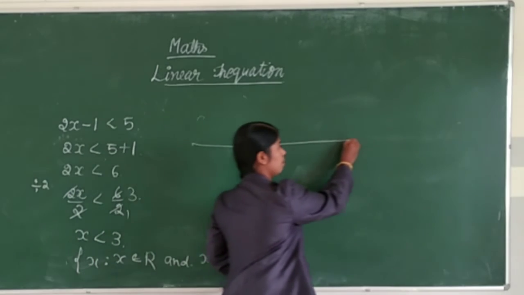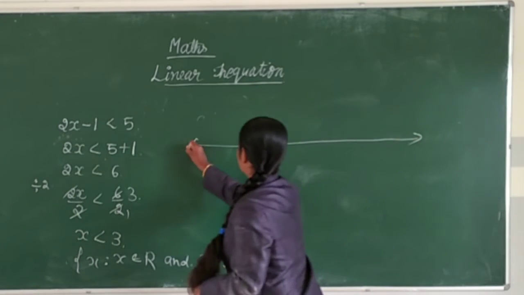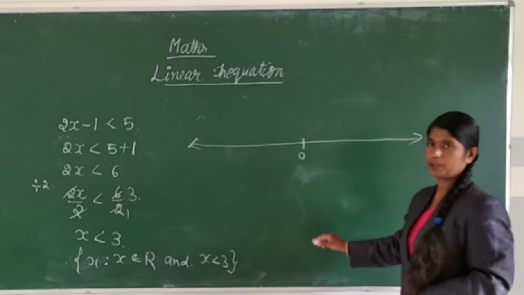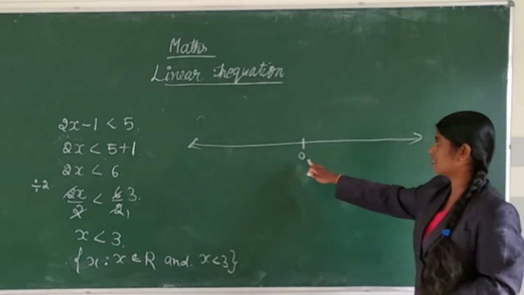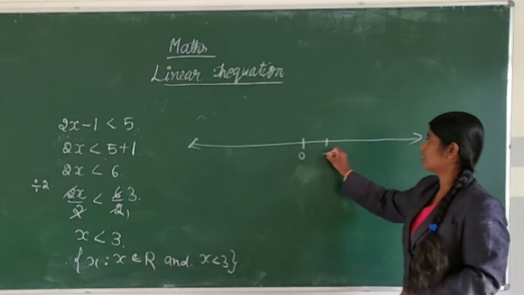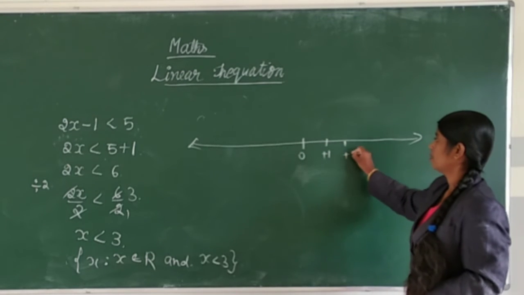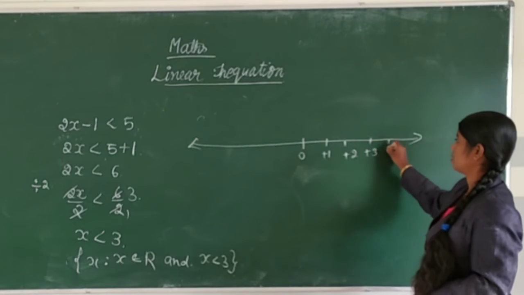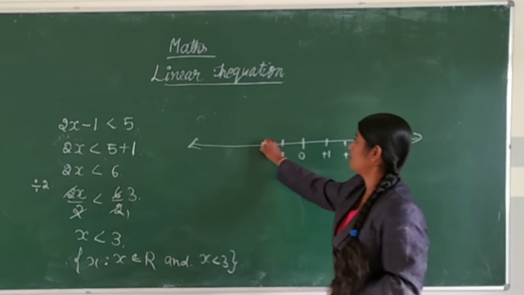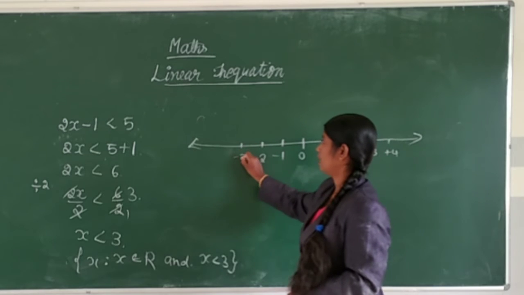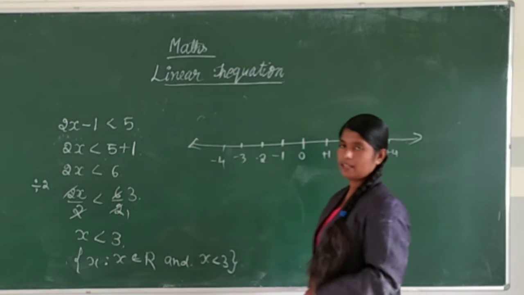So let me draw a number line. Hope you know how to draw a number line. A line with arrow marks and 0 in the middle. And here are positive numbers, plus 1, plus 2, plus 3, plus 4, etc. And here minus 1, minus 2, minus 3, minus 4, etc.